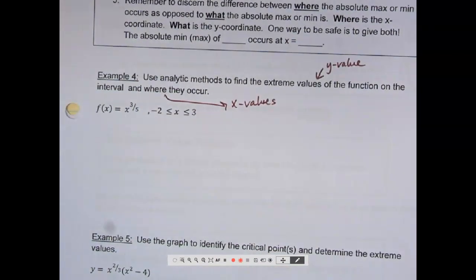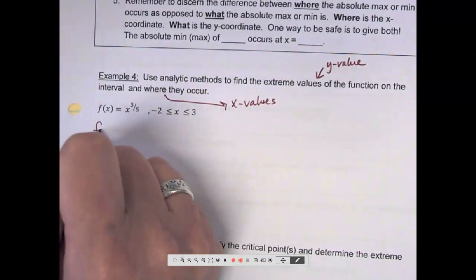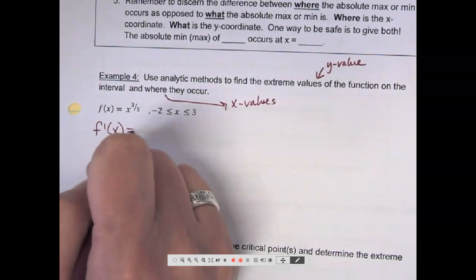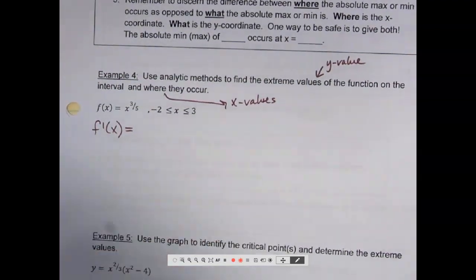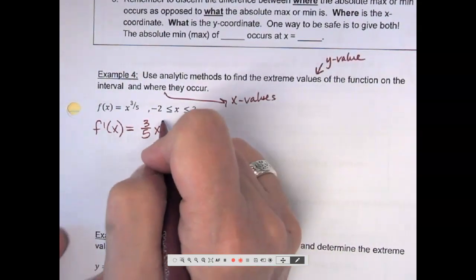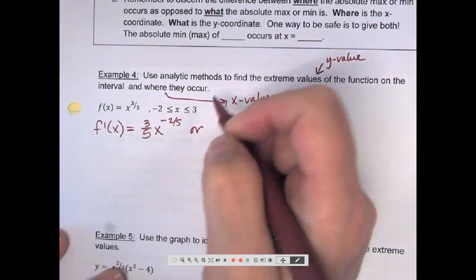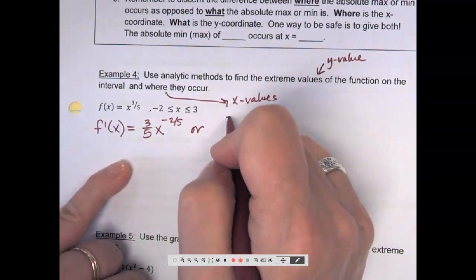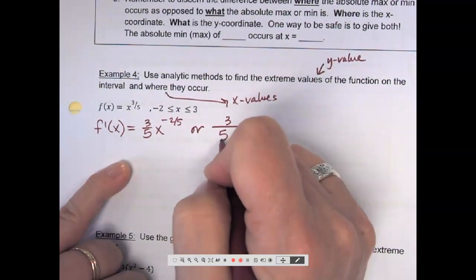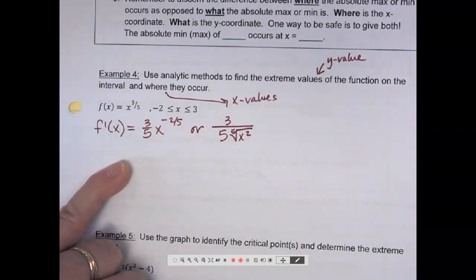Extreme. So absolute max, absolute min. All right, so the first thing we're going to do is find our derivative. Okay, derivative is 3/5 x to the what? Negative 2/5. Or that could also be written as 3/5 fifth root of x squared.